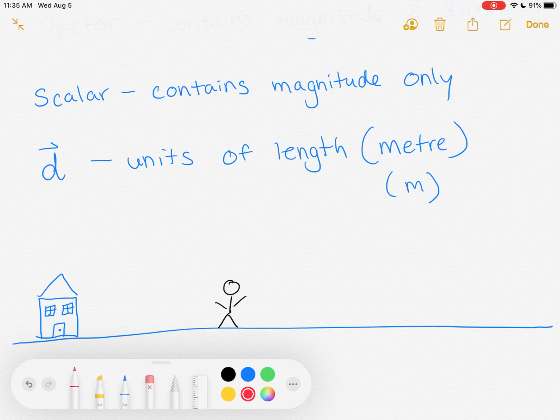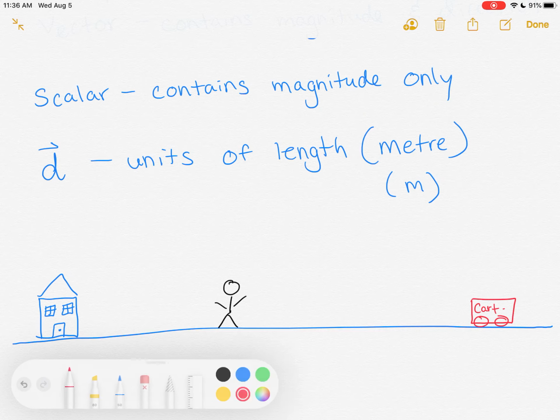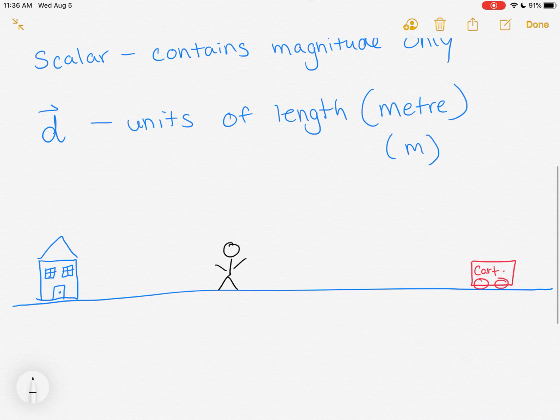And then we're going to put ourselves a little car over here. It's going to be a cart, I think. So we'll pretend it's something like a car. Okay, and here we are going to denote that this is the origin. And our person is going to be 330.0 meters from the origin.